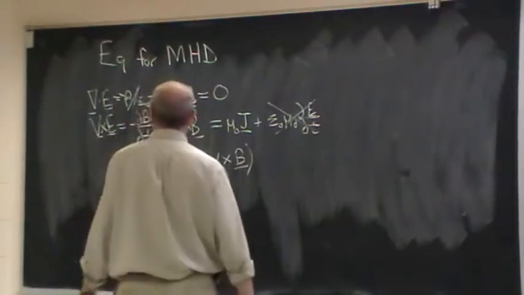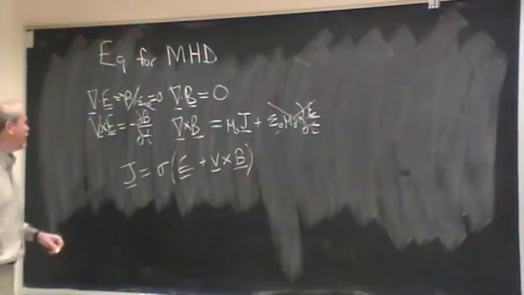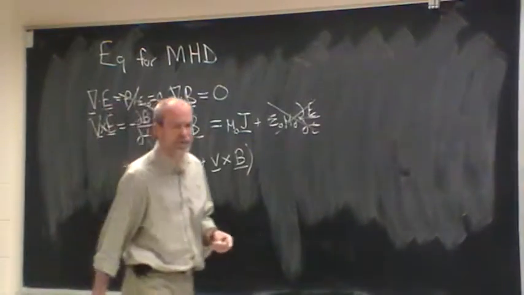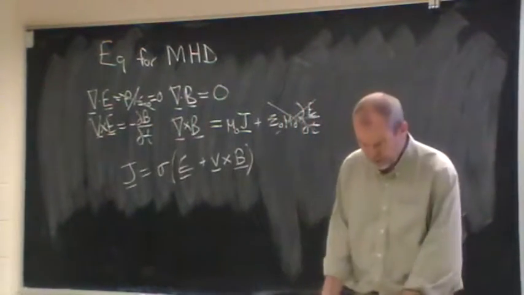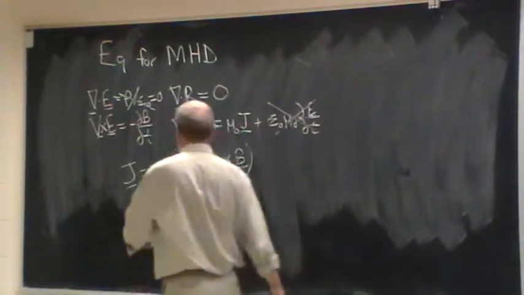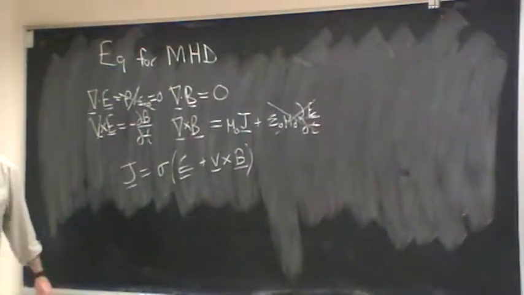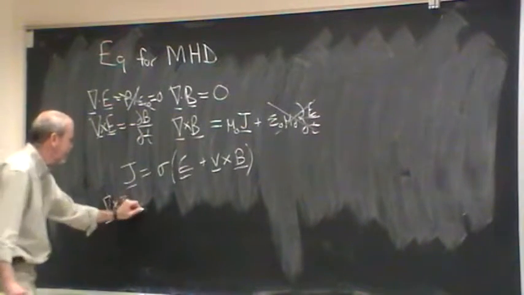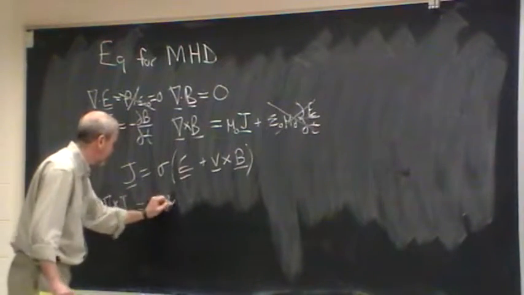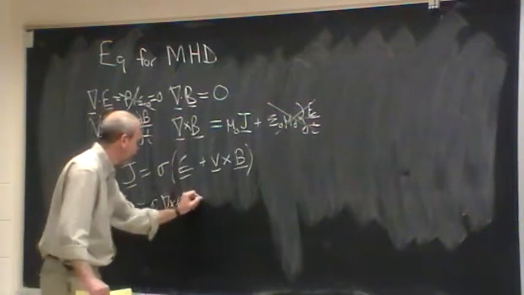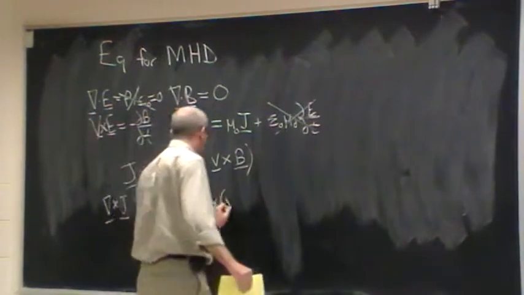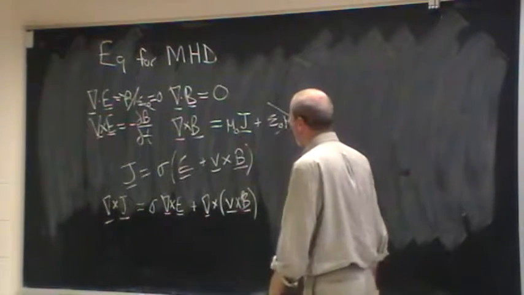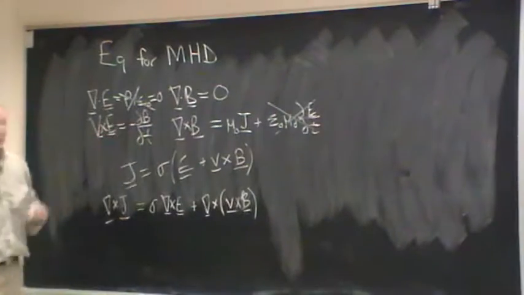Okay, now with all of that in place, we're ready to get an equation for the time evolution of the magnetic field. Usually the way that's done is by taking the curl of Ohm's law. So go ahead and take the curl of Ohm's law and get the curl of J is equal to sigma curl E plus the curl of V cross B. But the curl of E is minus dB dt.